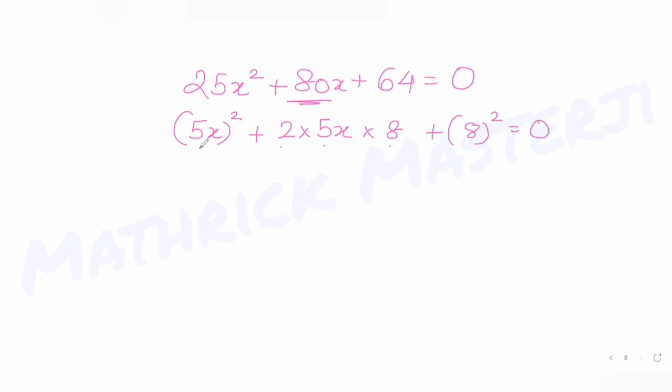Now we have been told that the tangent T touches the curve C1 at point (x1, y1). So when it touches the curve at point (x1, y1), this basically becomes the value of x, which is nothing but x1. Now, putting x1 as minus 8 by 5, you can also find y1, but I don't need y1.